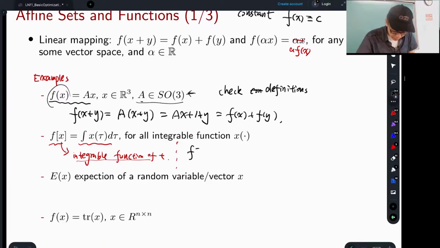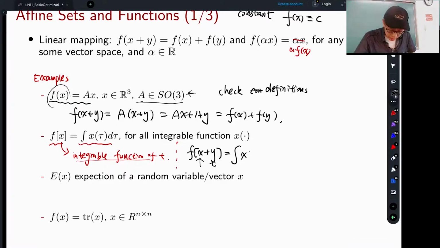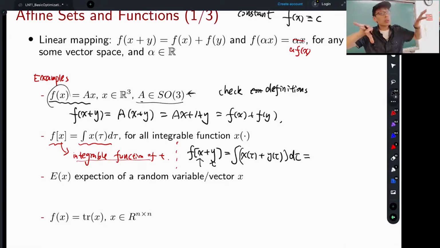By definition. I use a square bracket to distinguish that this is not really a function of a scalar or vector. So this means the integral of two signals, x and y: the integral of x(tau) plus y(tau) d tau. And so I can do the integration separately.